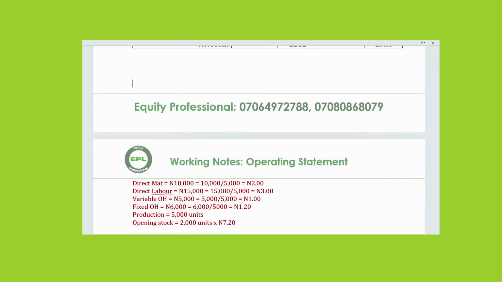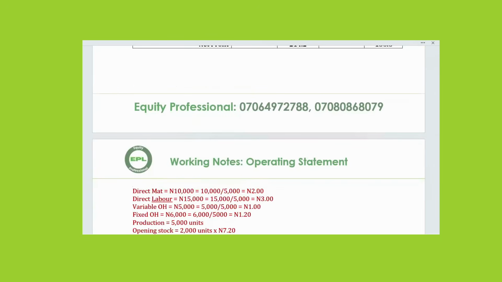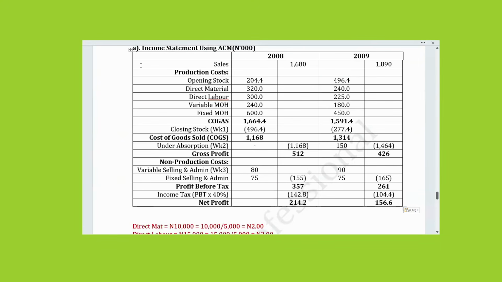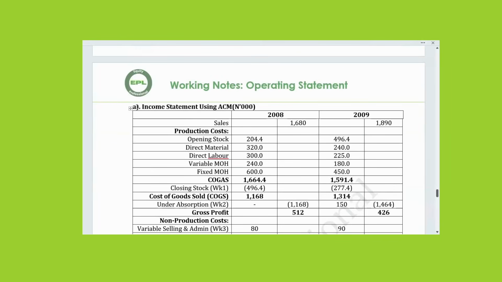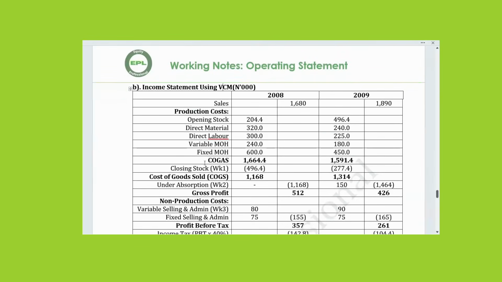I don't need to stress myself since I already have it as a table. So here will be number B. You can't do the same on the day of your exam because you can't just copy and paste. All right. So this will change. Remember, here we are using the variable costing method, or marginal costing method.